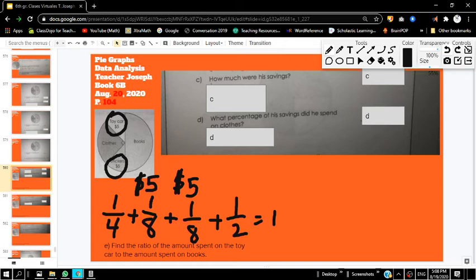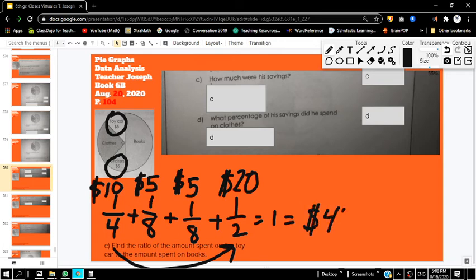So 1/4 equals $10. And if we double the $10, we can come up with our 1/2, which equals $20. So let's add up 10 plus 5 plus 5 plus 20. That would be $40. So in other words, our whole number equals $40.